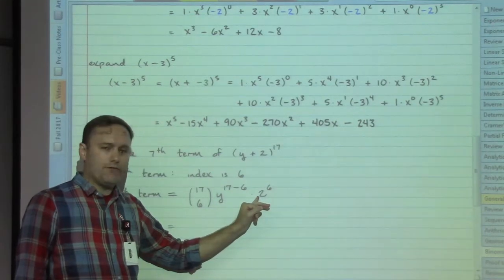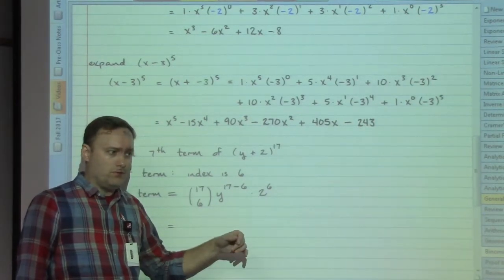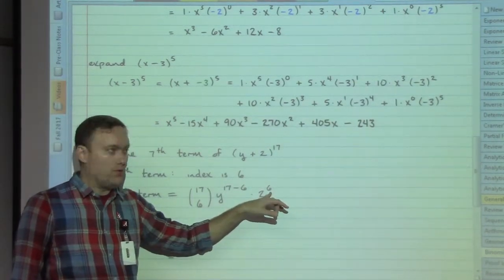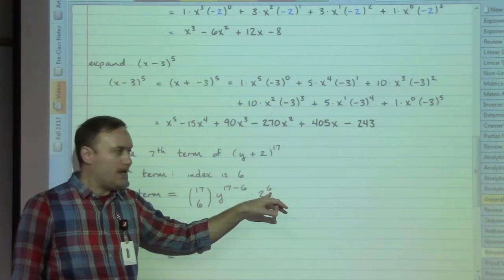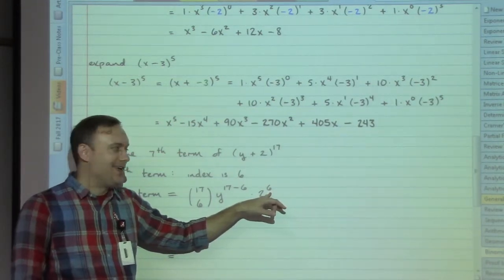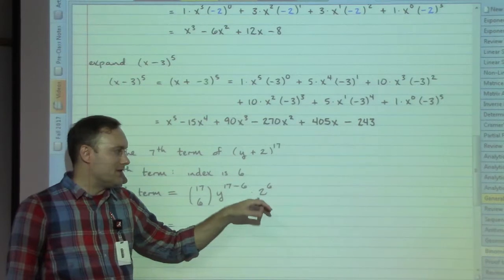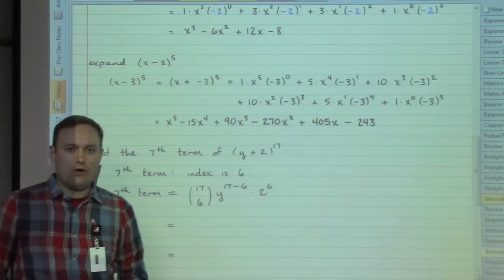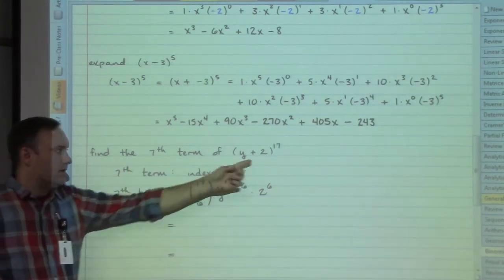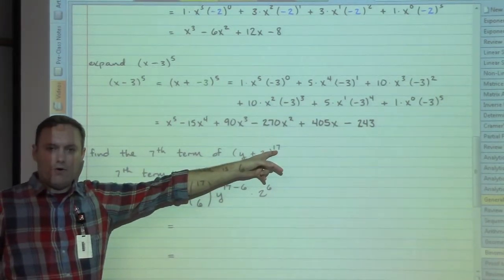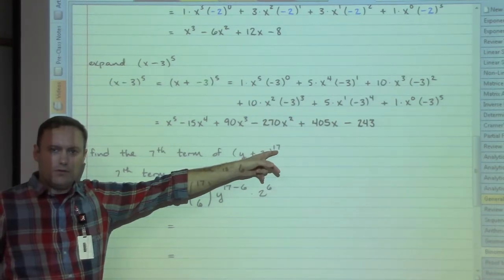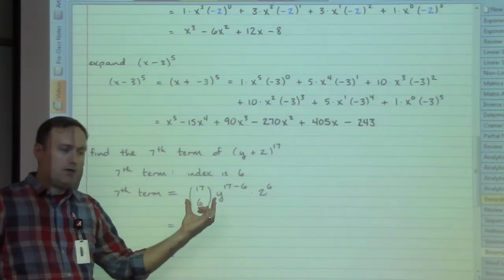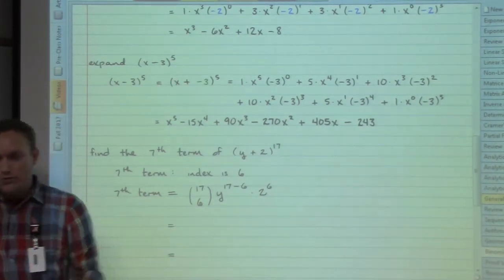And the second term of our binomial is going to just automatically have that index that we figured out. So the index is 6, the power that's attached to the second part of our binomial, which is the number 2, is a 6. So we just go ahead and jump directly to that term, and we don't necessarily want to have to try to work out that many rows of Pascal's triangle and then figure out what's the coefficient of the 7th term. So we're going to just jump right there using our calculator.